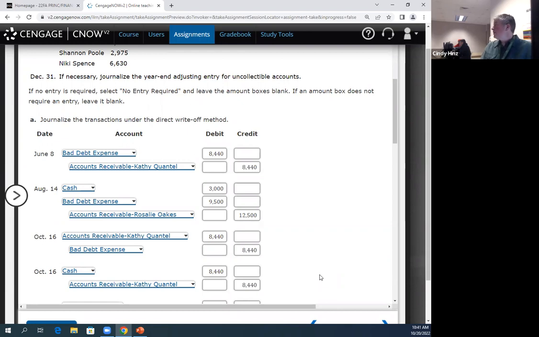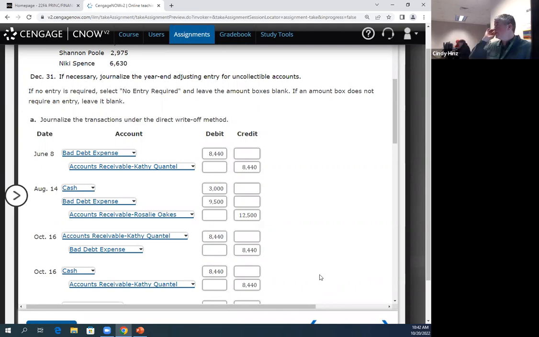In my mind, this is similar to what we talked about for correcting errors in our books. We've seen a couple times that there's a 1-step and a 2-step process. This really could have just been 1 step. We could have debited cash and credited bad debt expense. We would have had the same result in the long run without doing 2 separate entries.